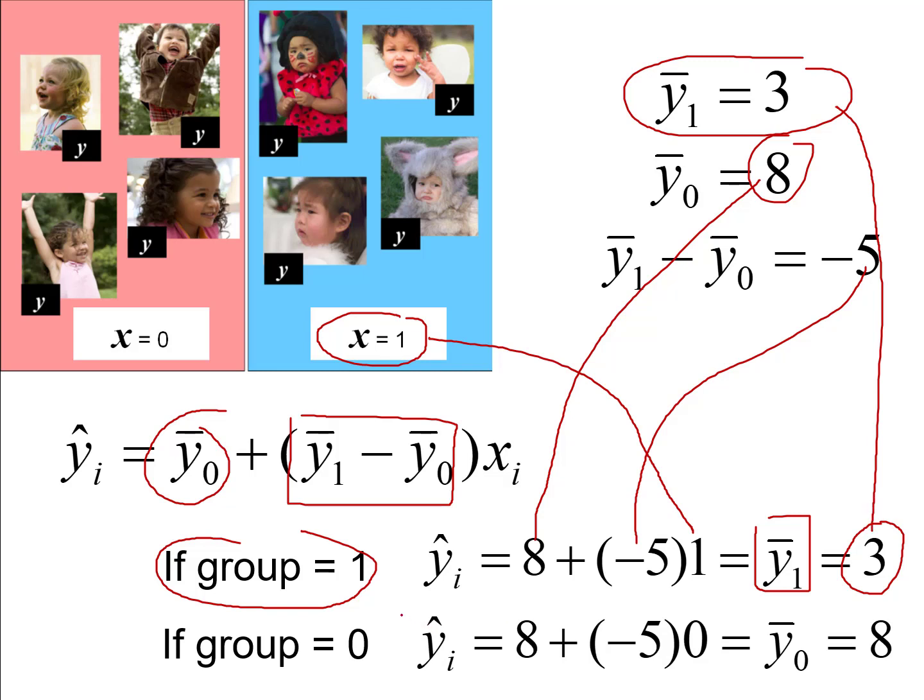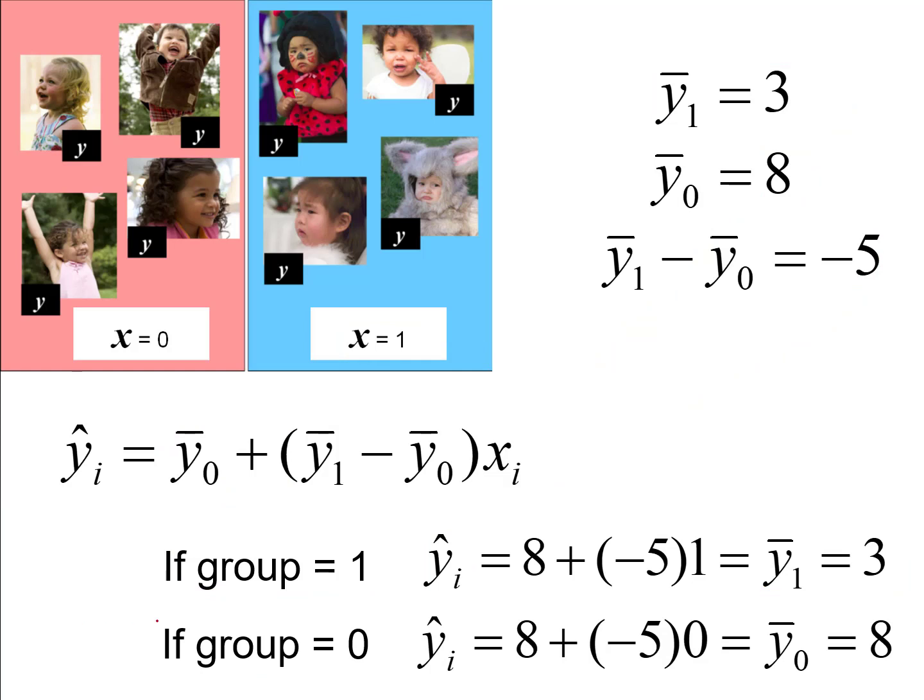This equation works out so that if you're in group 1, it's going to return a predicted value. Your predicted value for individual i, for anyone in group 1, is going to be equal to 3. That is, it's going to be equal to the mean for group 1. Let's see how this works if you're in the control group. If you're in group 0, in that case, your score on x will be 0.